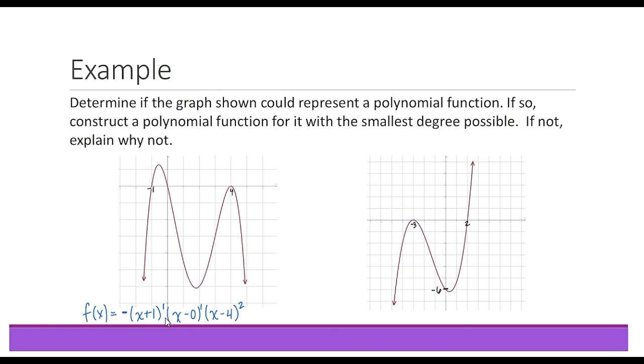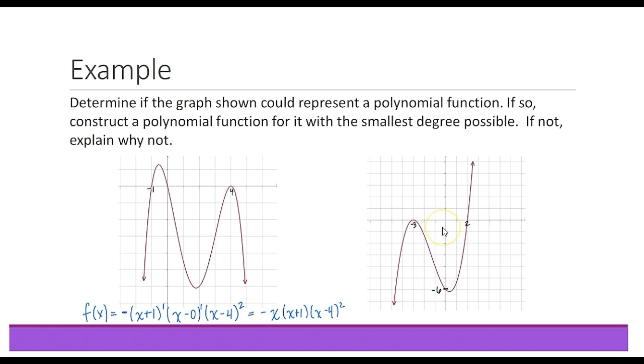To make it look a little bit nicer, it would look like negative x, then x plus 1, then x minus 4 squared. We usually put the individual variable x, which came from this middle factor, in front, and then x plus 1, and then x minus 4 squared. The negative needed to be multiplied to the front because it satisfies the end behavior. And the y-intercept is satisfied, because if I plug in 0 here, I will get out a 0.